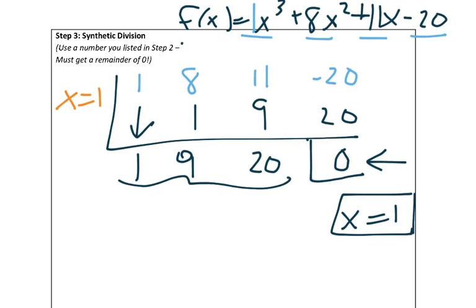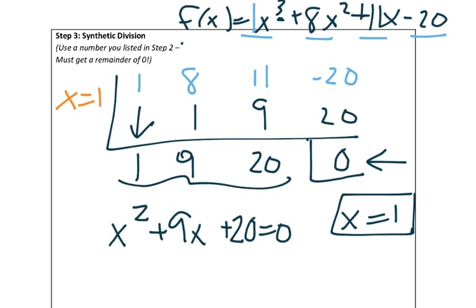It also means I have a new problem from this right here. So I'll rewrite that starting with x squared, because that's 1 degree smaller than I started with. x squared plus 9x plus 20. I'm going to make it equal 0. So I'm going to write that in my step 4.